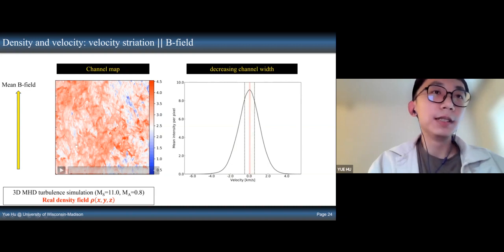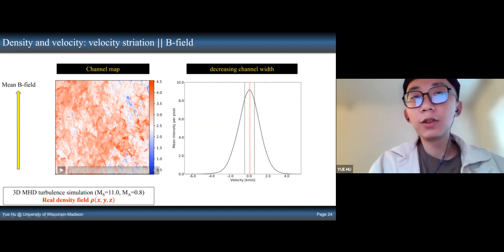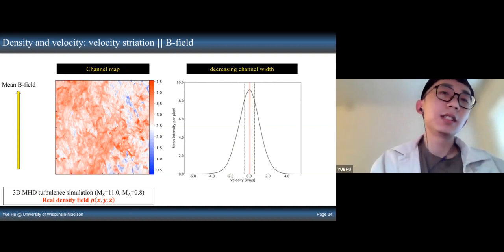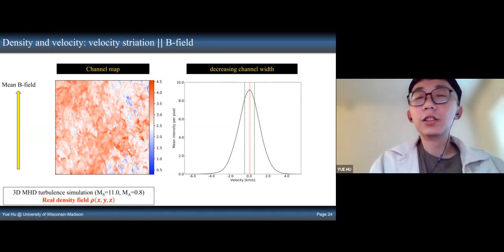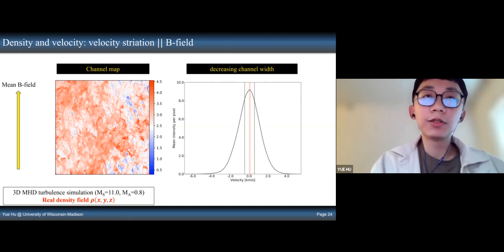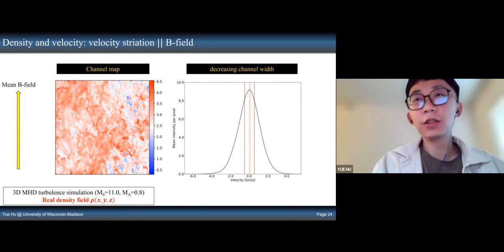What is left is just some smaller striations, structures that are along the magnetic field. Therefore, you can see from the simulation that the density effect is actually not a big deal, and we can remove that density contribution by decreasing the channel width.